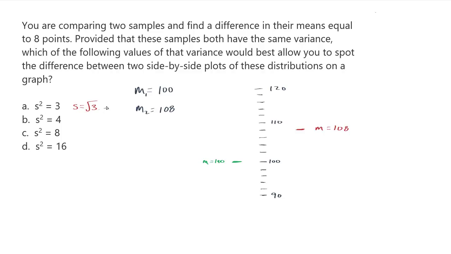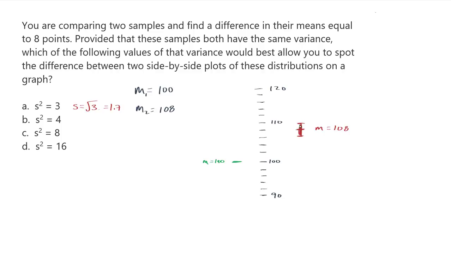The root of 3 is roughly 1.7. So most scores, 70% of the scores, are within one standard deviation, within 1.7. Remember, these are about 2.